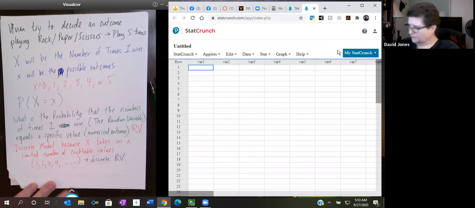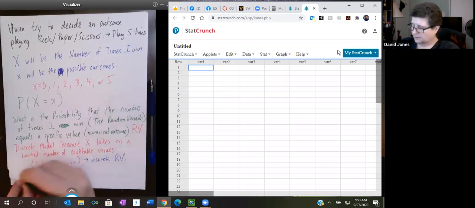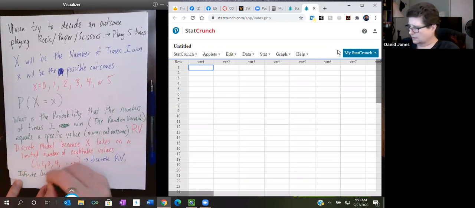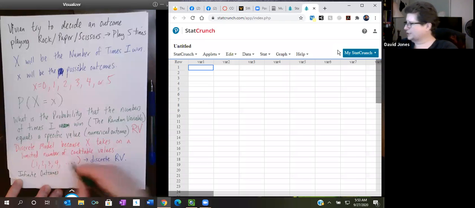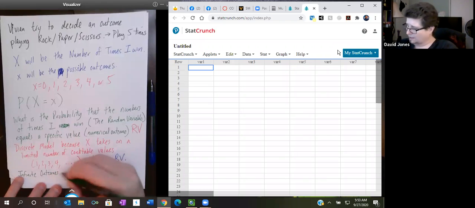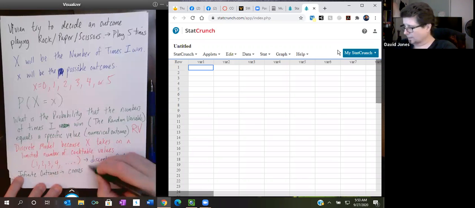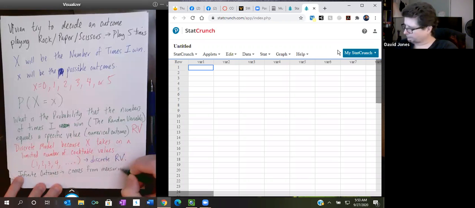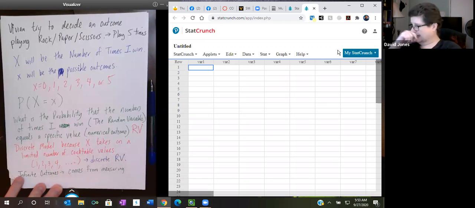And if there's infinite outcomes, or continuous, like, it comes from measuring, like time, distance, stuff like that.